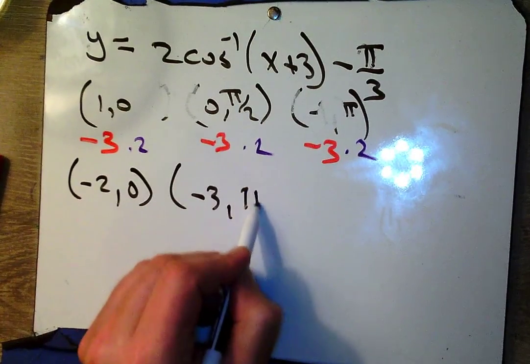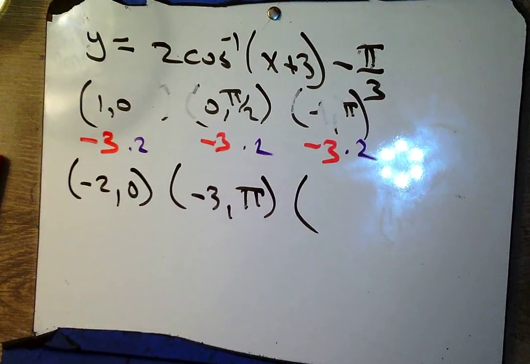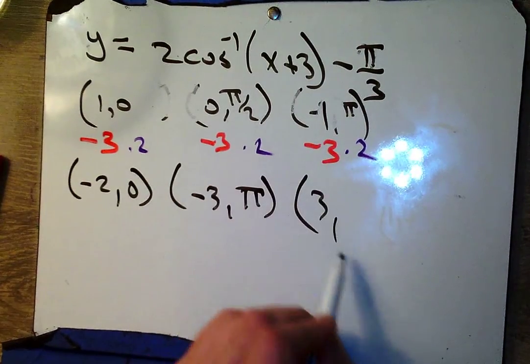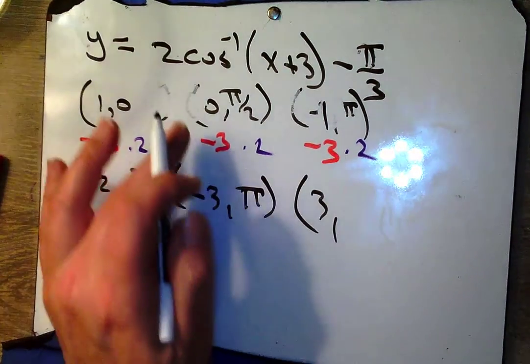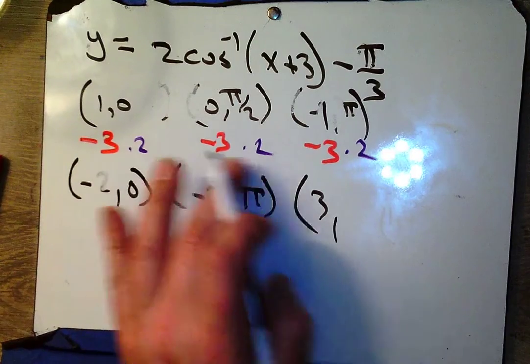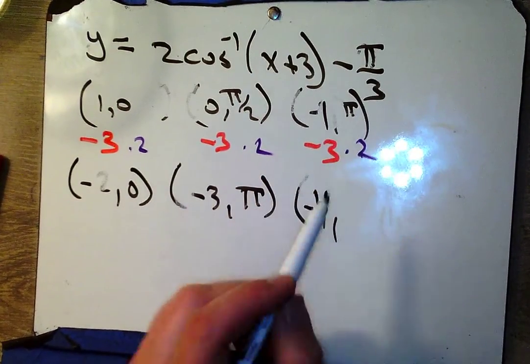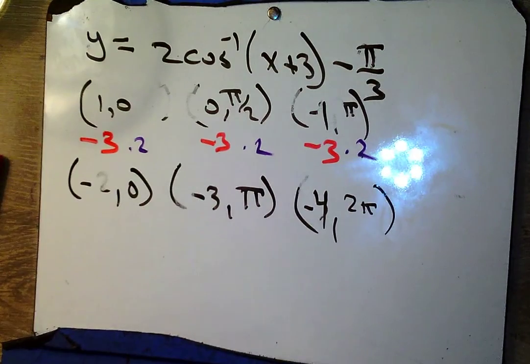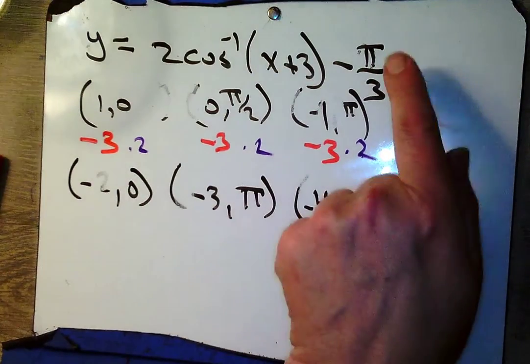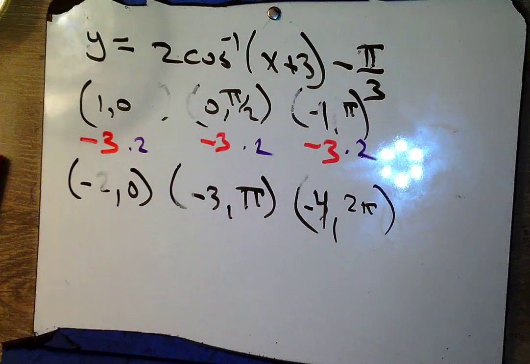I've got (negative 2, 0), (negative 3, pi), and (negative 4, 2 pi). Am I subtracting? There we go. Don't forget we've got one more round of y transformations to do.